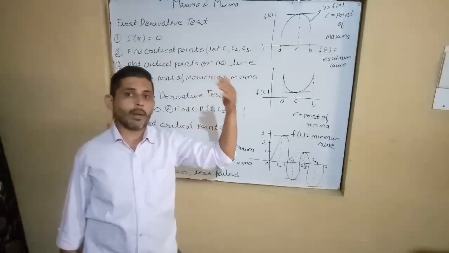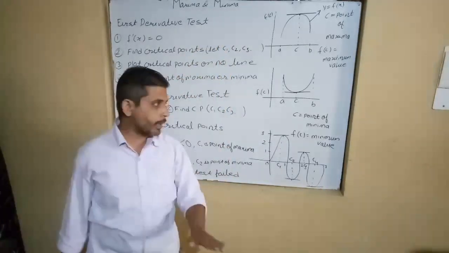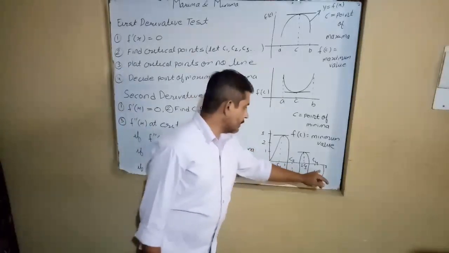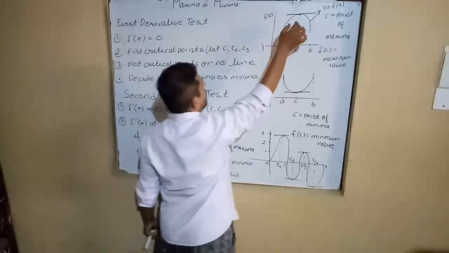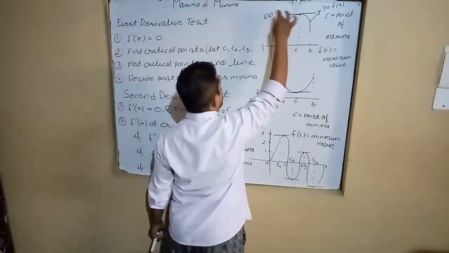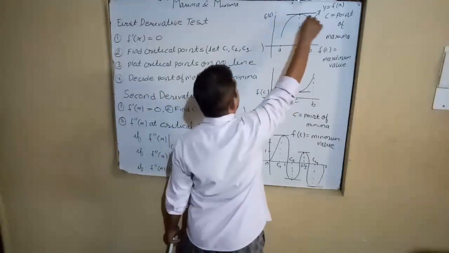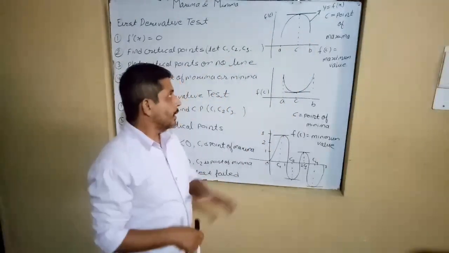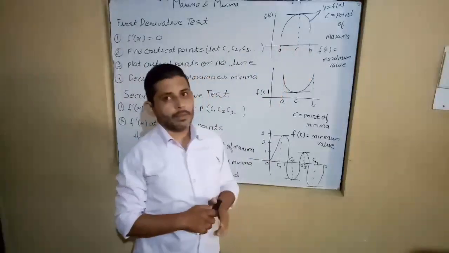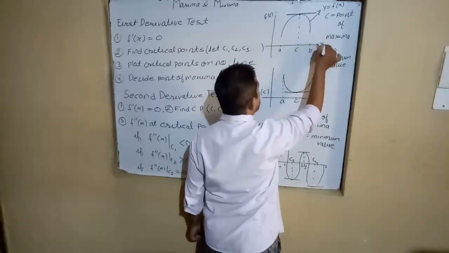Extreme value means either maxima or minima. Now look at all the graphs very carefully. At the maximum value, at the extreme point, at the critical point, if we draw the tangent, the slope of the tangent is parallel to the x-axis.